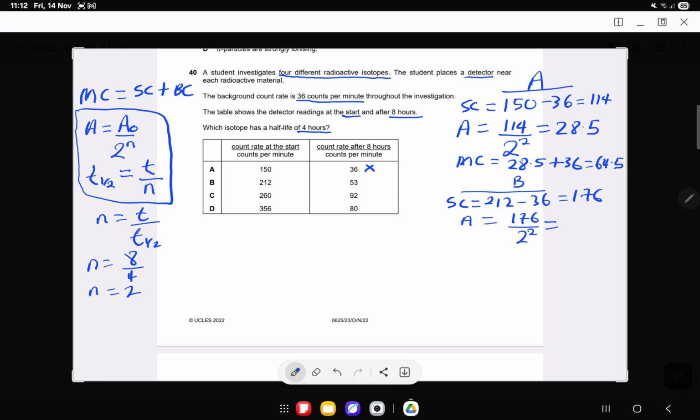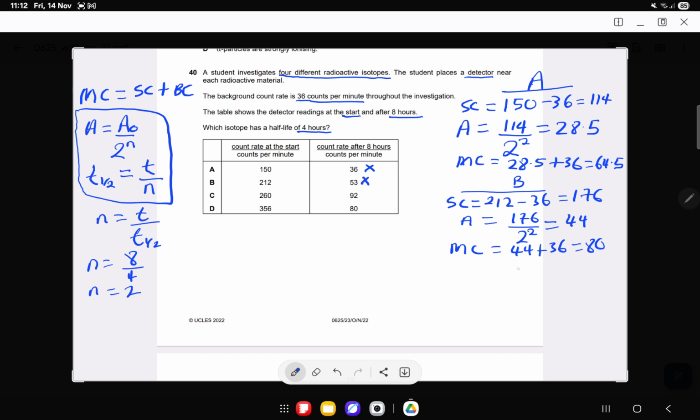If I compute this, I will get 44. To get the measured count rate, I must add the background count rate, which is 36, to the 44. That gave us 80. So you can see that the measured count rate for option B is supposed to be 80, and it is not 80, so option B is also wrong.